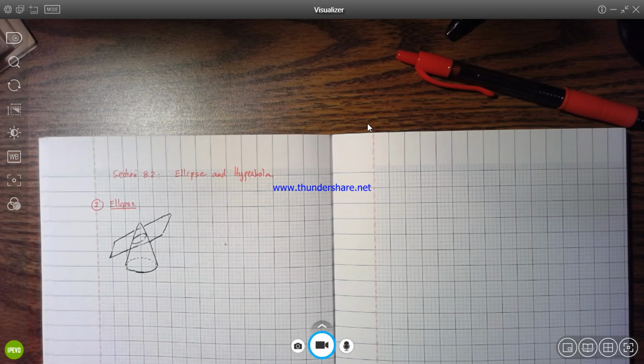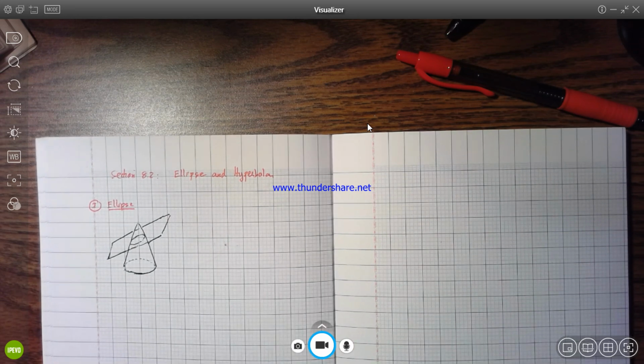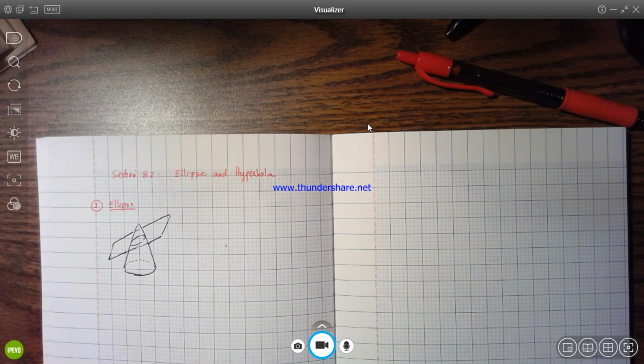So I can say that an ellipse is the intersection part between a cone and a slanted plane. That's just a graphical definition of an ellipse.